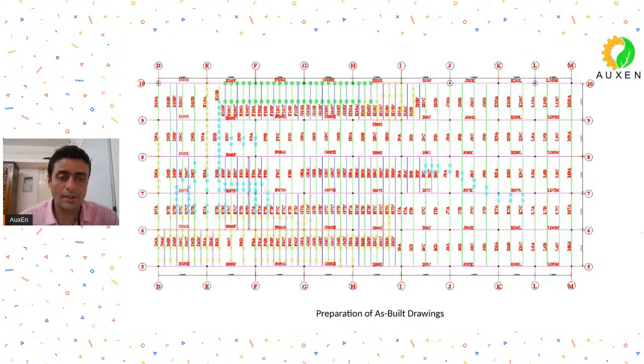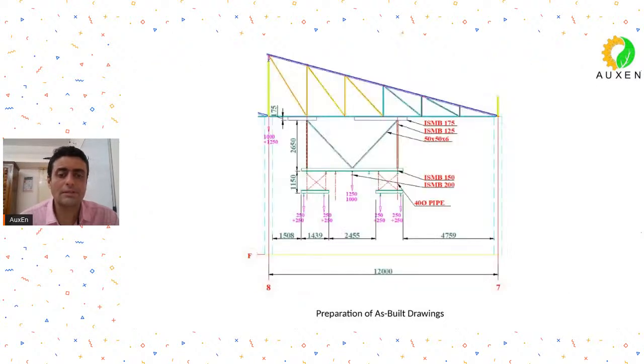Then we prepared the as-built drawings. So once you do the data collection, once you do the visual survey, then you prepare the as-built drawings. So all these as-built drawings were prepared. So now you can see whatever we had collected on site, we prepared as-built drawings like these.